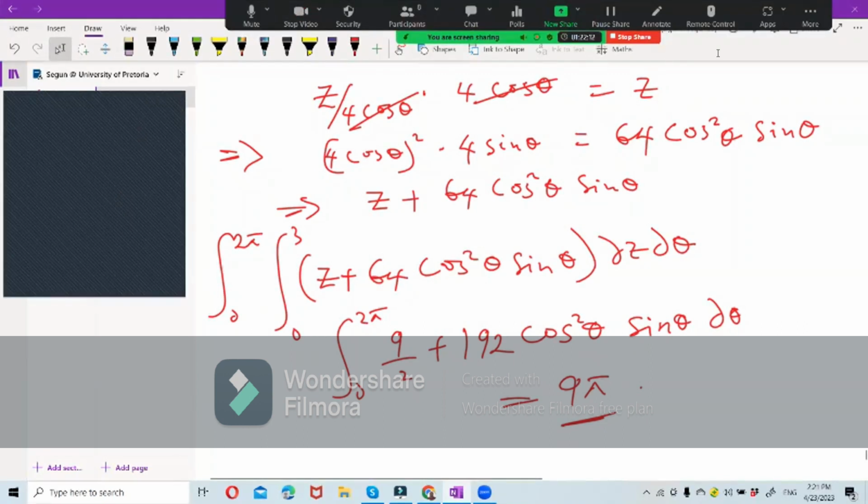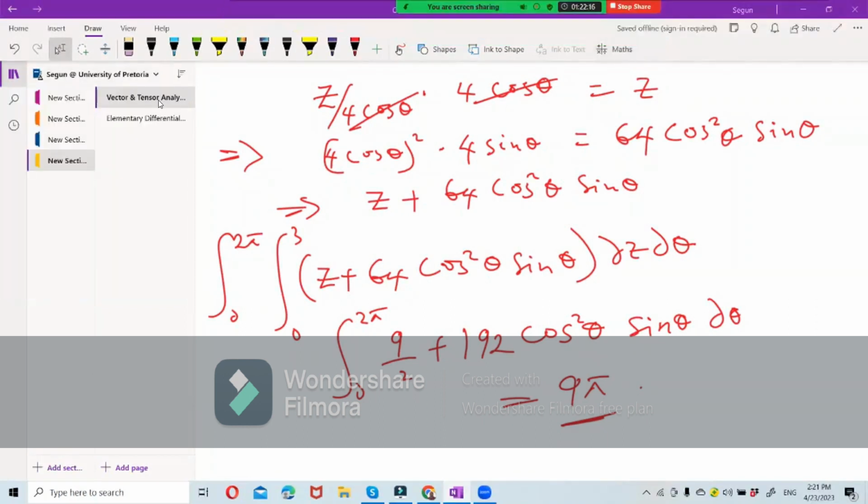Sir, please, I need a clarification in the last step, sir. Go ahead. I didn't quite get how you arrive at 9 over 2 plus 192. Okay, it's very simple. You can even see it here. When you integrate z, what do you have? You have z squared over 2.